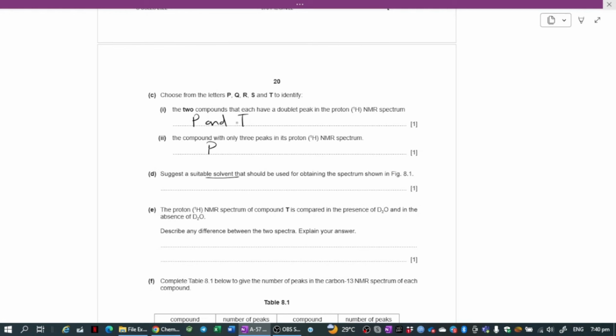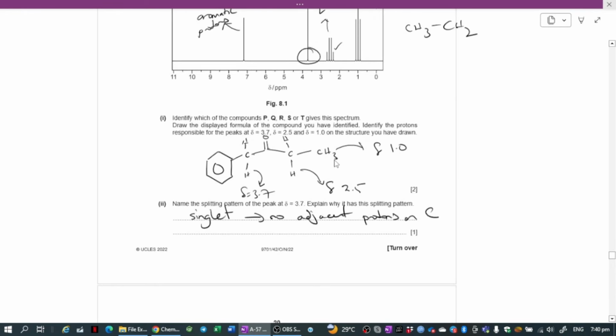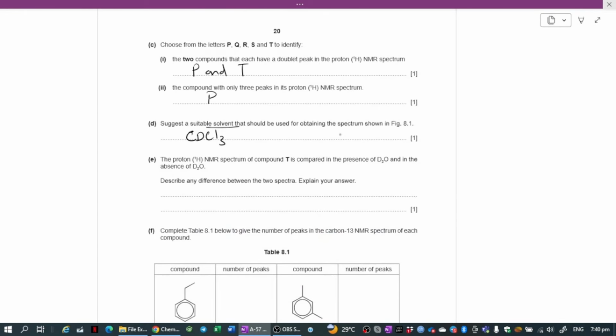Good. A suitable solvent that could be used for obtaining the spectrum. So in proton NMR, we use a deuterated solvent, so CDCl3, or you could say in words deuterated chloroform. Right? Then they ask us: the proton NMR spectrum of compound T is compared in the presence of D2O and in the absence of D2O. Describe any difference between the two spectra. Explain your answer. Now D2O is really used for the identification of OH and NH peaks.